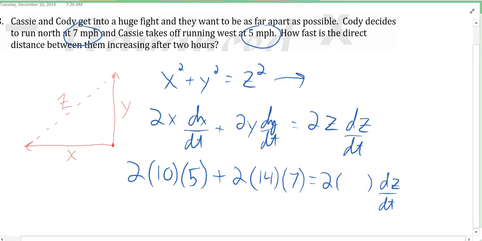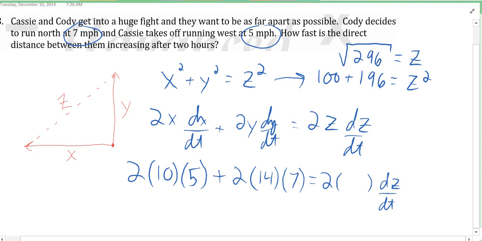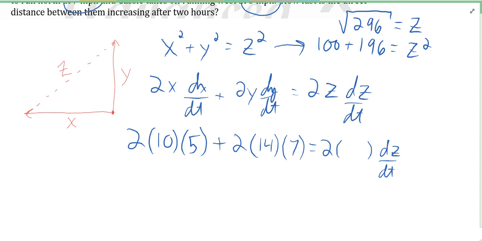But when you plug in 10 for x and you square it, you get 100. And then you get 196 when you square 14. And that has to be z squared. So z is the square root of 296, which we can simplify a little bit, but I'm going to wait till the end here. Okay? So I'm going to put that right in here.